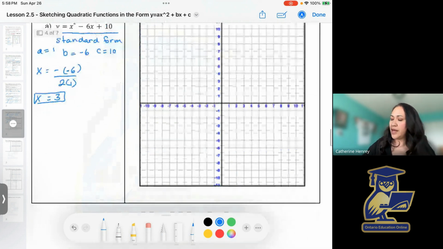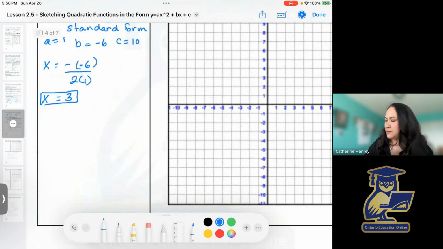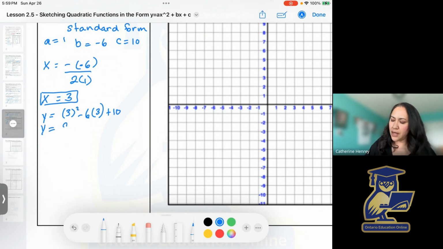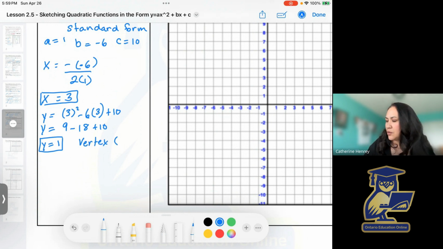We're going to plug that into the function. So y is going to be equal to 3 squared minus 6 times 3 plus 10. So y equals 9 minus 18 plus 10, and we get y equal to 1. So we have a vertex of (3, 1).